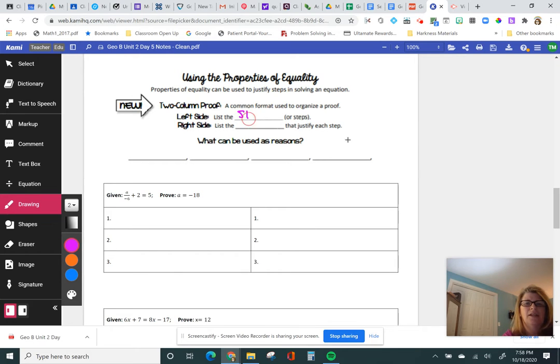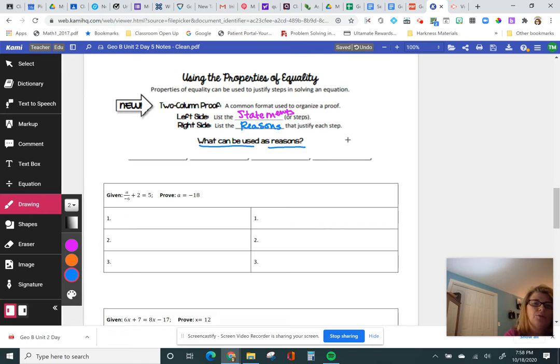And we've done a lot of statements lately, right? And the right side is used for reasons. And there's very specific things. What can be used as reasons?